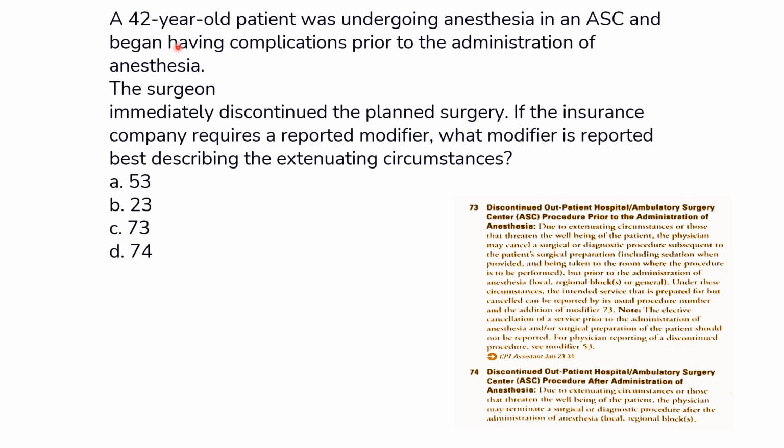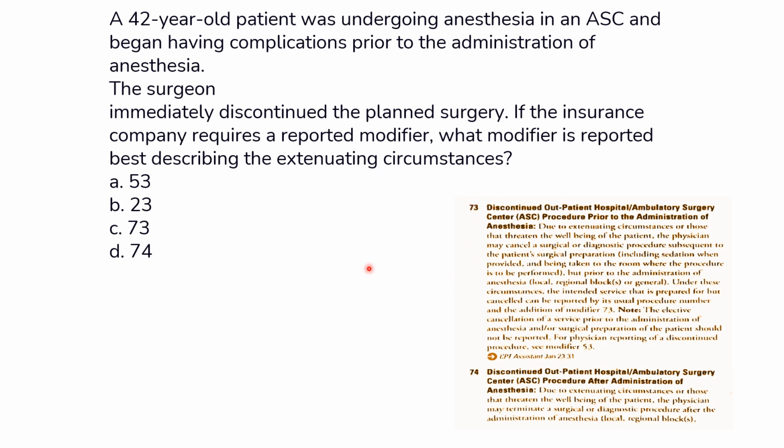A 42-year-old patient was undergoing anesthesia in an ASC and began having complications prior to the administration of the anesthesia. The surgeon immediately discontinued the planned surgery. If the insurance company requires a reported modifier, what modifier best describes the extenuating circumstances?